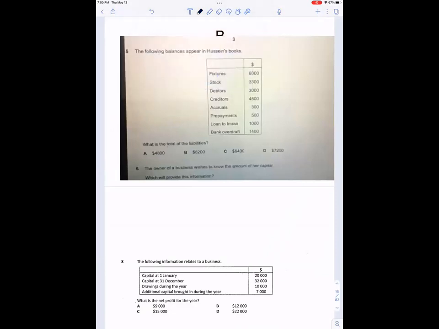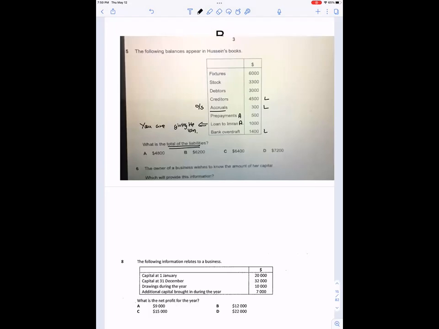What do they want? They want the total amount of the liabilities. Liabilities is creditors. Accrual means outstanding expenses, which is a liability. Prepayments is an asset. Loan to Imran is an asset because you are giving the loan. Loan from Imran, if you take a loan, is a liability.